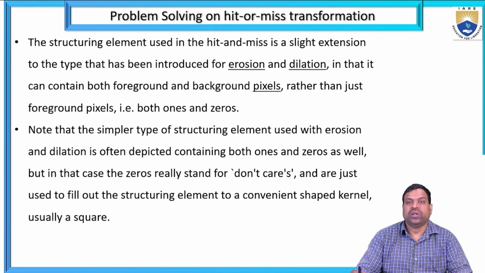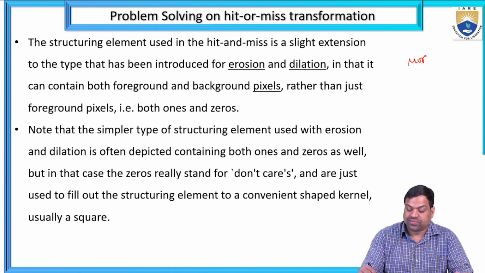Note that the simpler type of structuring element used with erosion and dilation is often depicted containing both ones and zeros as well. But in that case, the zeros really stand for don't cares and are just used to fill out the structuring element to a convenient shaped corner, usually a square.